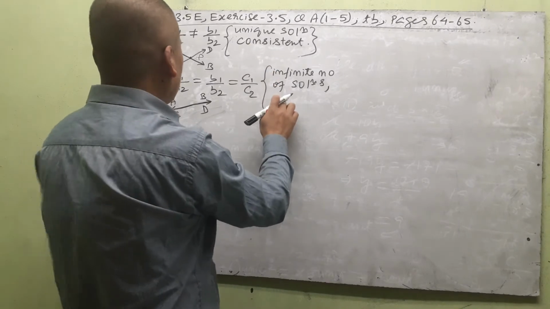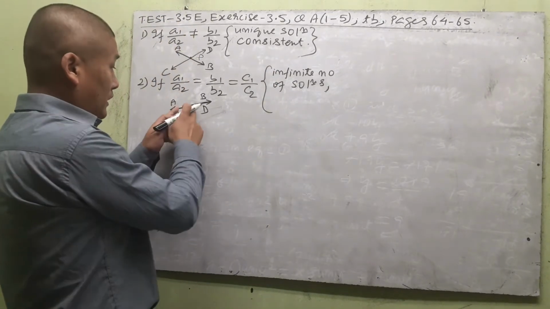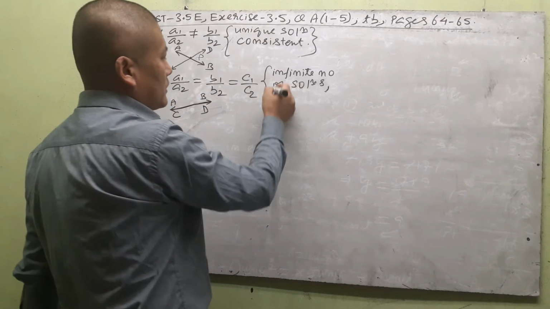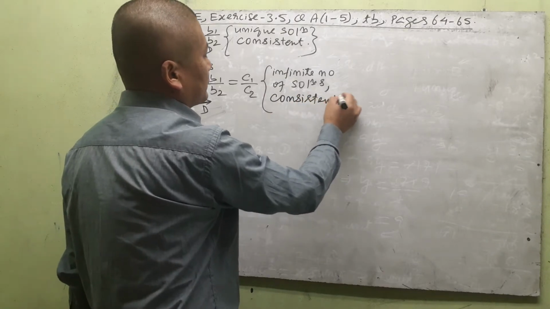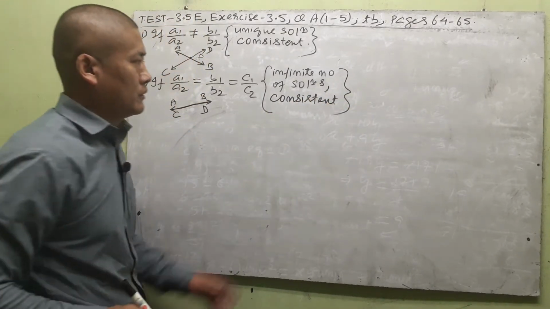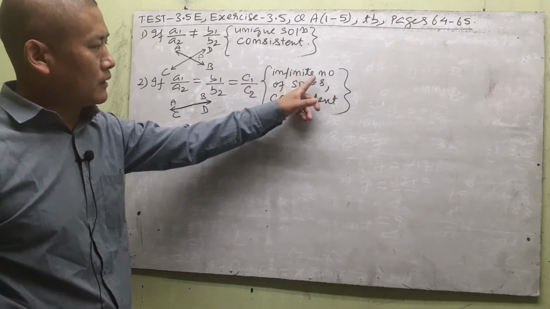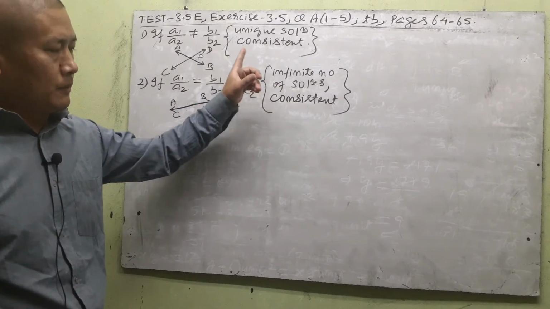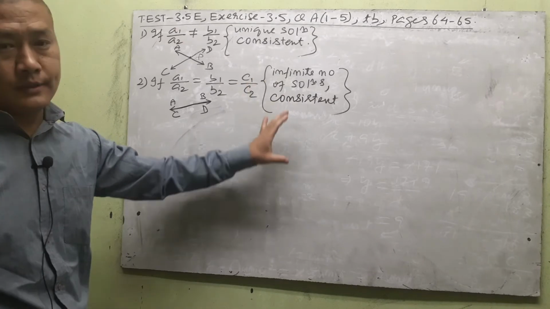And since the graphs are touching at least one point, here the two graphs are touching each other at all points, so it's still consistent. So the word consistent here means they have a solution, a unique solution or an infinite number of solutions. If they have solutions, we call the system of the pair of linear equations consistent.